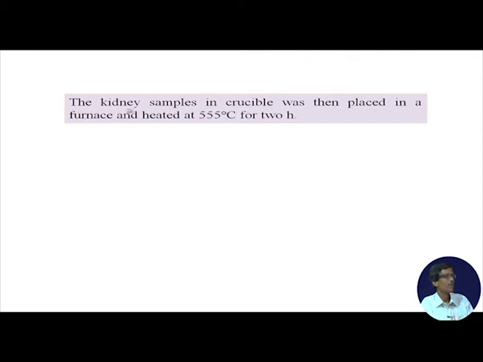We take the kidney samples of the dead deer, because anything we consume, we all know, goes out from our body through the kidney. So the kidneys of these deer are also contaminated with arsenic.